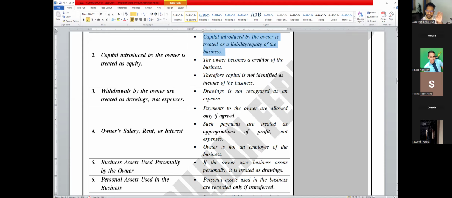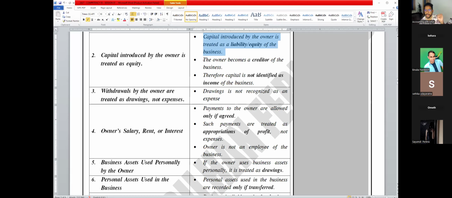In the statement of financial position, we record the equity close to the liabilities. In the past we had a term, equity was also called internal liability. Now we don't use it. Anyway, it is a type of liability from the business's viewpoint. Why? The business is liable or responsible to settle to the owner. That is how the capital introduced by the owner becomes equity.